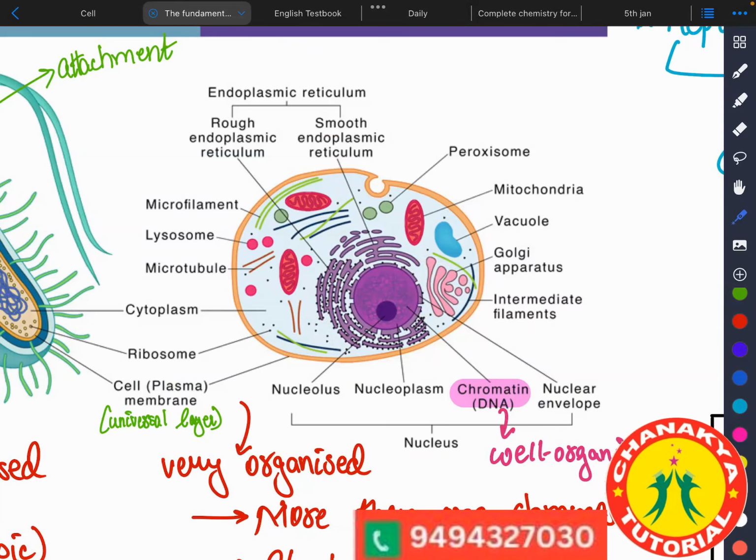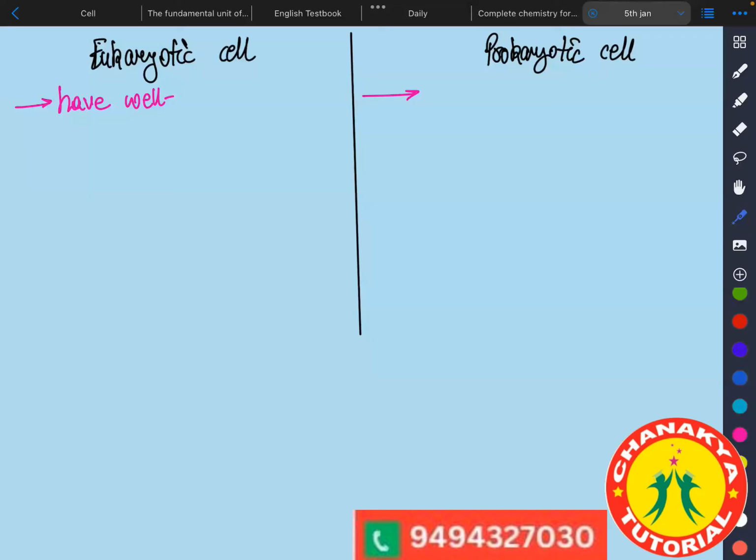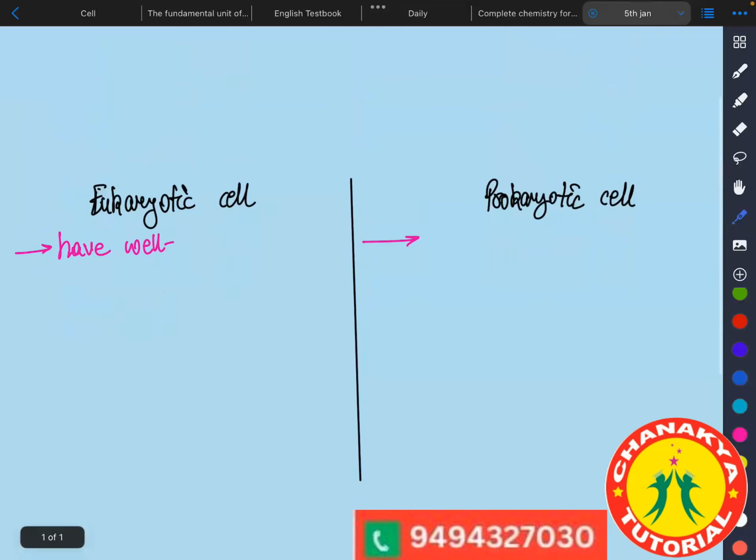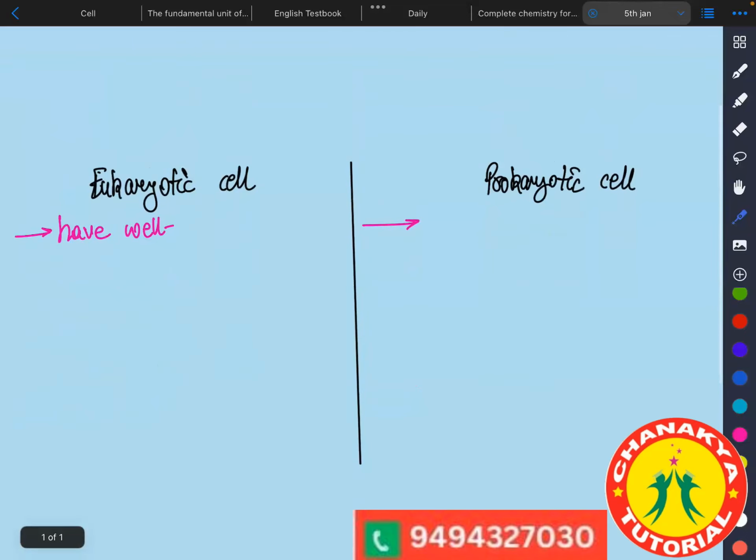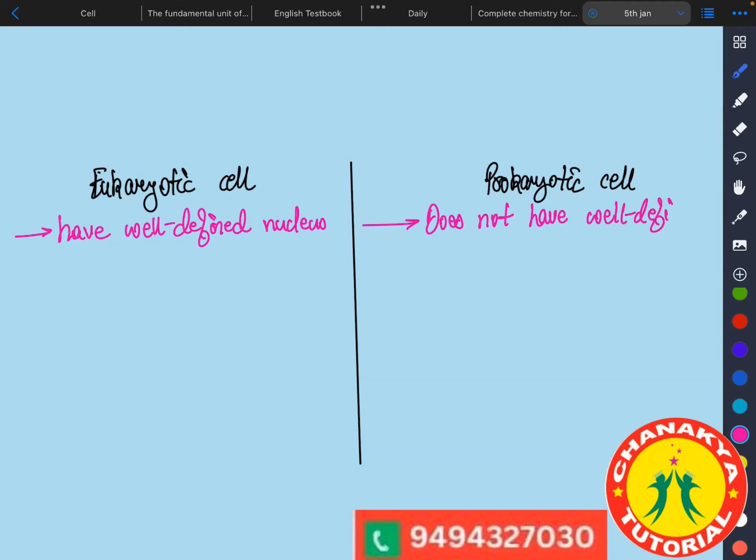So we can say that a eukaryotic cell has a well-defined nucleus, whereas a prokaryotic cell does not have a well-defined nucleus.